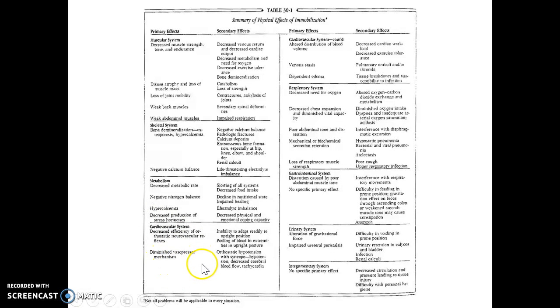We also see this change in ability to constrict vessels, and we're going to see more of an issue with orthostatic hypotension. And then we said that's venous stasis and edema.